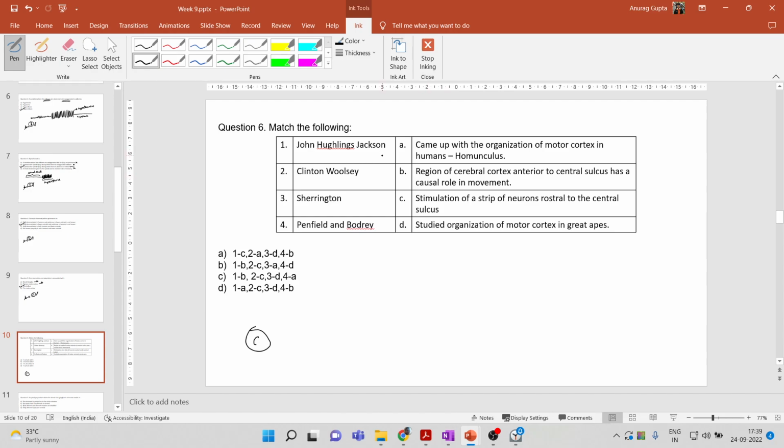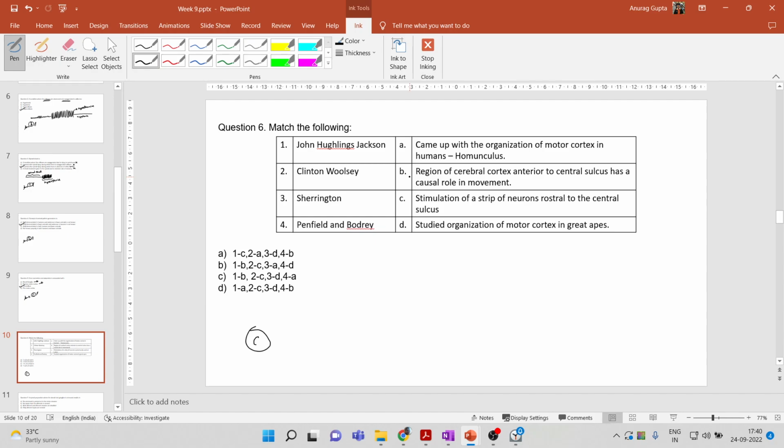What John Hughlings Jackson actually did was, he was treating these epileptic patients, and he observed that these epilepsy patients have seizures, and these seizures lead to movements. What he observed was that during the seizures the movements move from one part of the body to the other in a particular sequence.